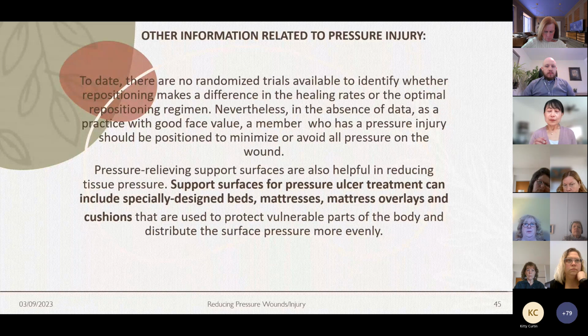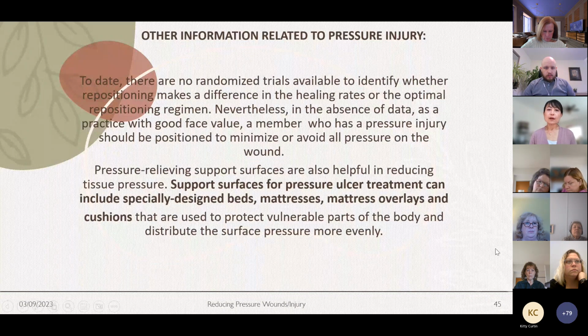However, this is still very important, and please do continue to do this. It doesn't matter what they said, but I personally believe that repositioning will reduce the risk of making the skin get worse.